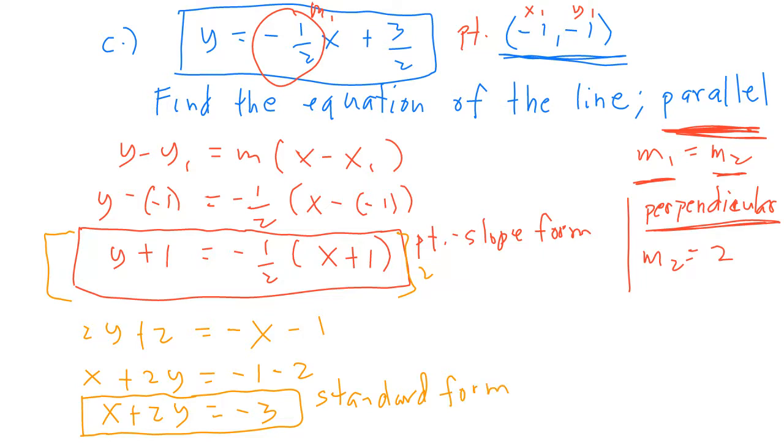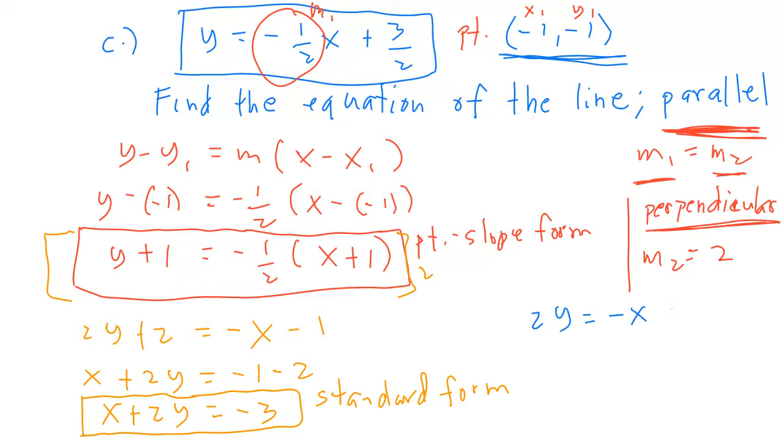Okay. And then if you're asked to find this in slope-intercept form, you just have to continue, isolating your y. So I will just go 2y is equal to moving my x to the right side. I'm looking at the standard form equation. Minus x, and minus 3, or negative 3, okay?